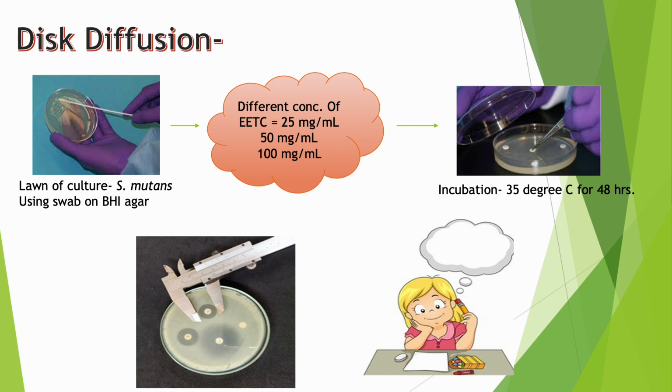So basically in the disc diffusion method, as we all know, after getting the result, we use the vernier scale to measure the zone diameter and we can check whether our bacteria is susceptible or resistant towards the antibiotic that we have added. This is going to be further discussed in detail in the results section.